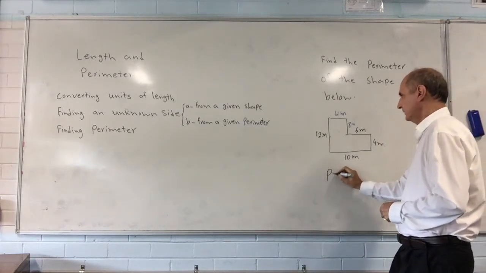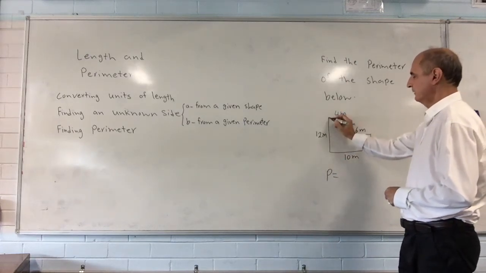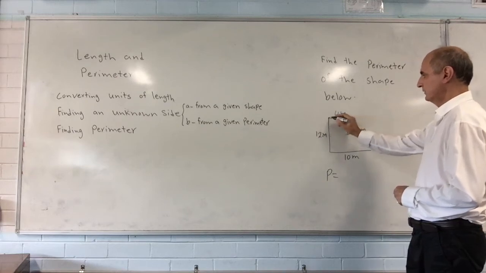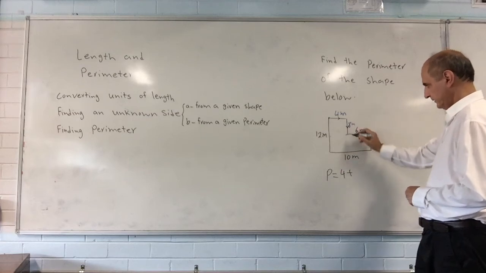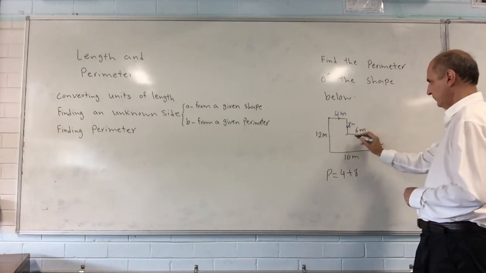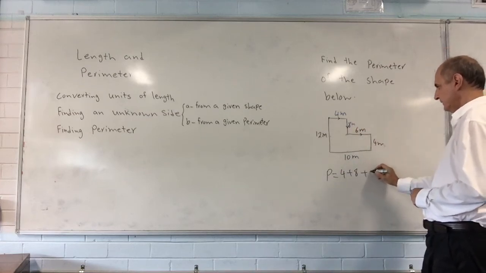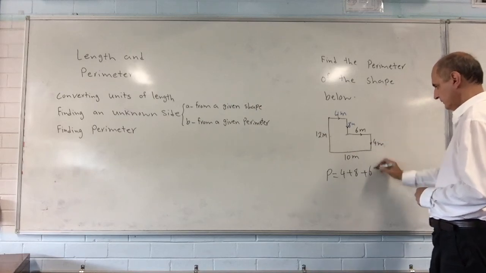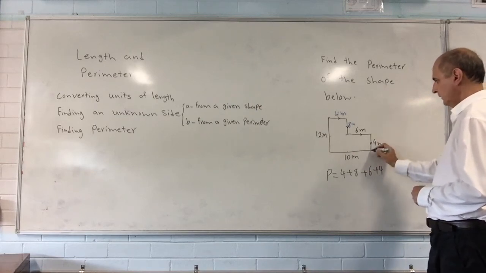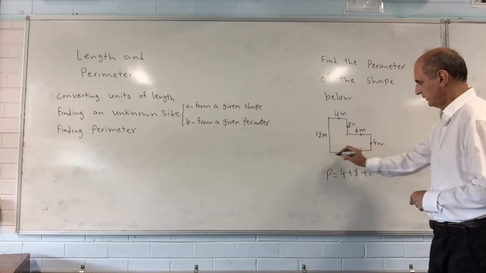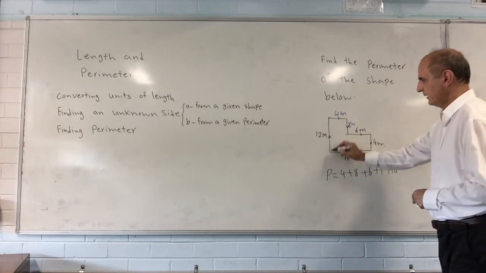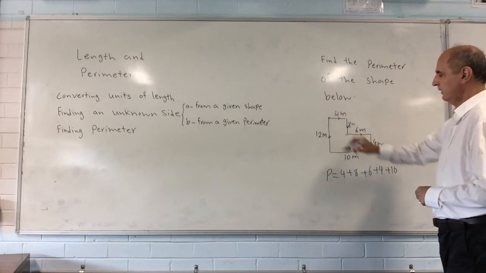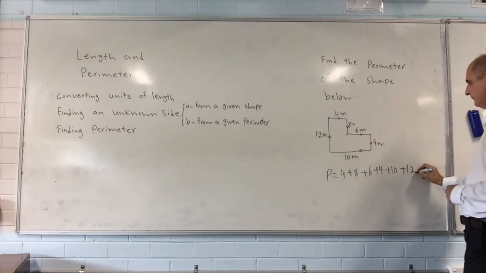So the perimeter is going to be, I start again from one corner and move that way. So 4 plus this length is 8, plus this one is 6, plus this one is 4, plus this one is 10. I'm up to here now, plus that one is 12, and I finished one lap.